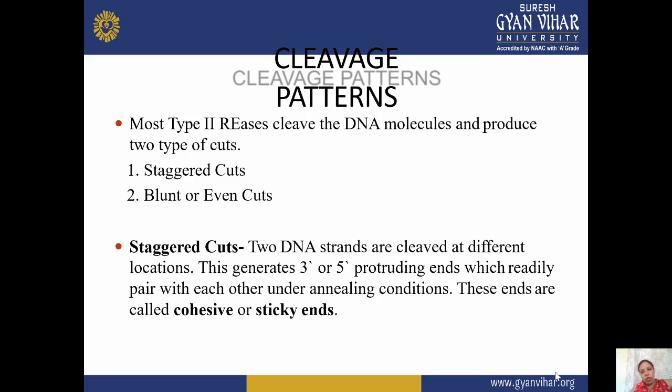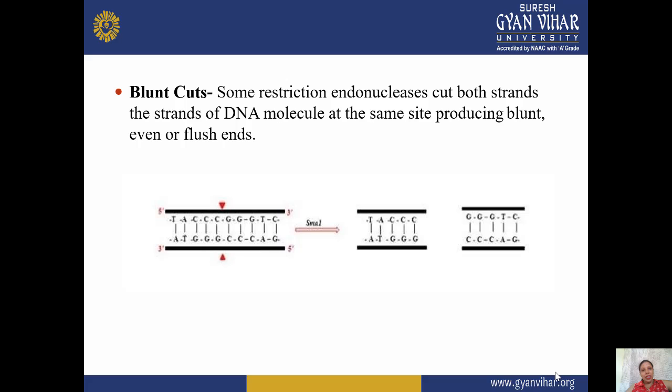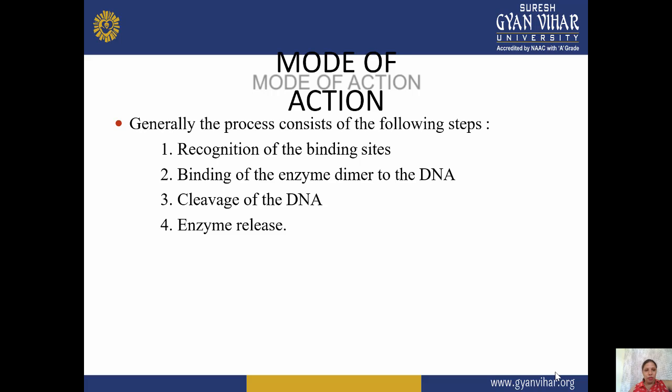Staggered cuts are where the two DNA strands are cleaved at different locations, forming cohesive or sticky ends. Secondly, in the blunt cut, some restriction endonucleases cut both strands of the DNA molecule at the same site, producing blunt, even, or flush ends. So in blunt ends, equal portions are formed.